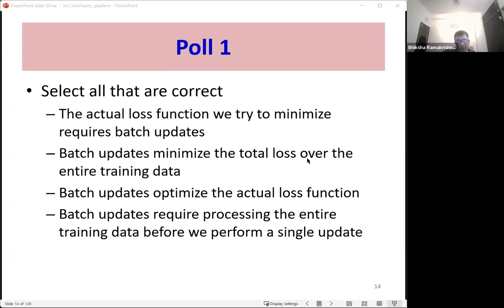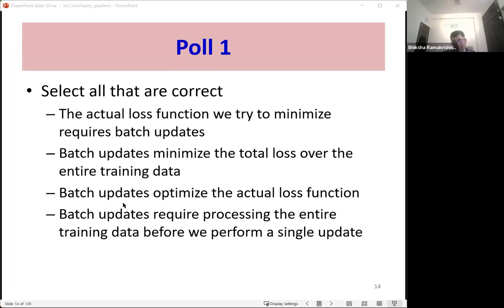Okay. So second one, batch updates minimize the total loss over the entire training data, true or false? So they optimize the actual loss function. Third one. Why would you call this false, Rishabh?